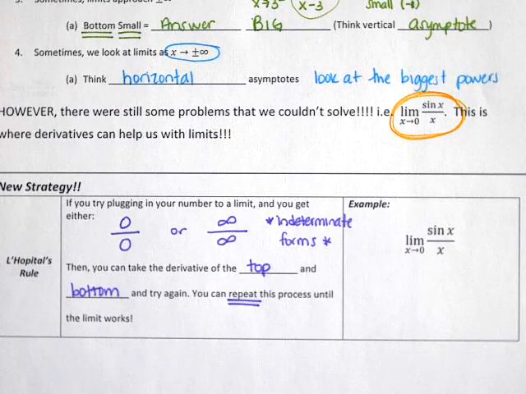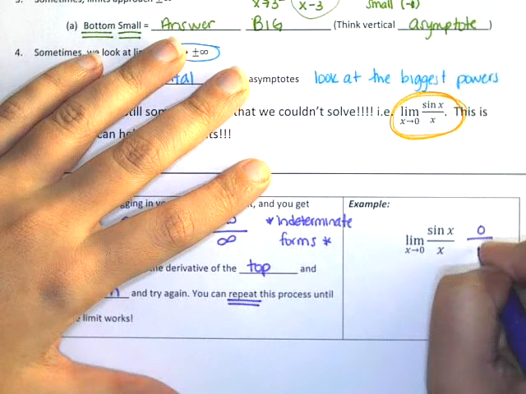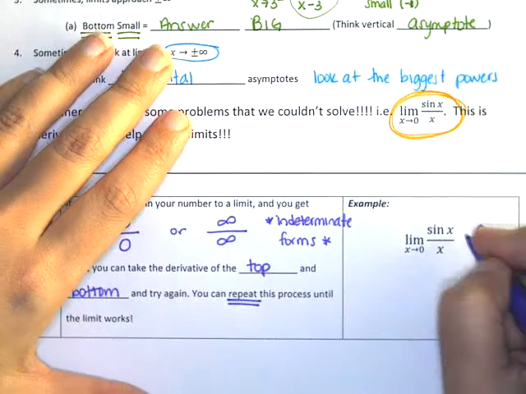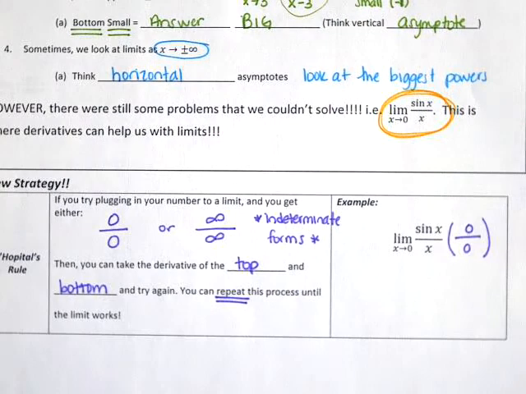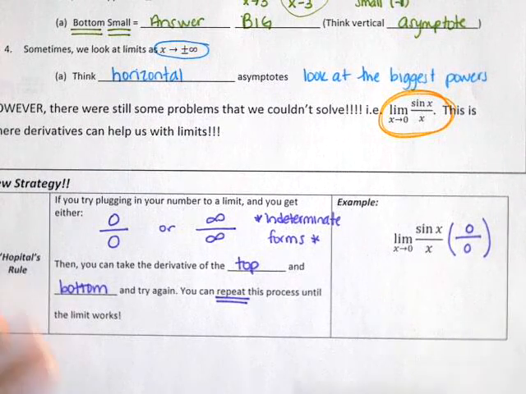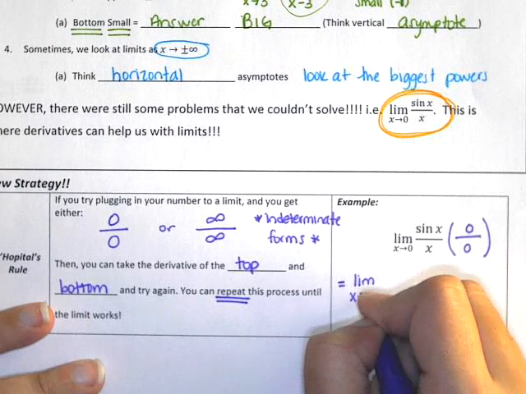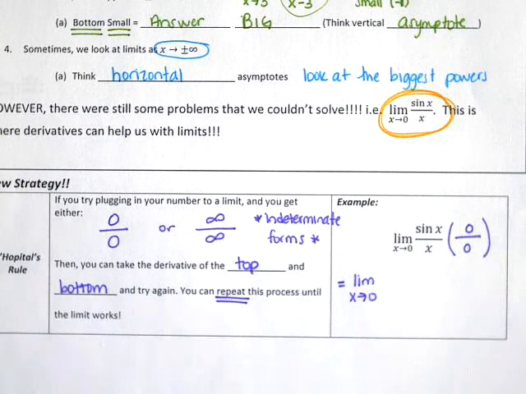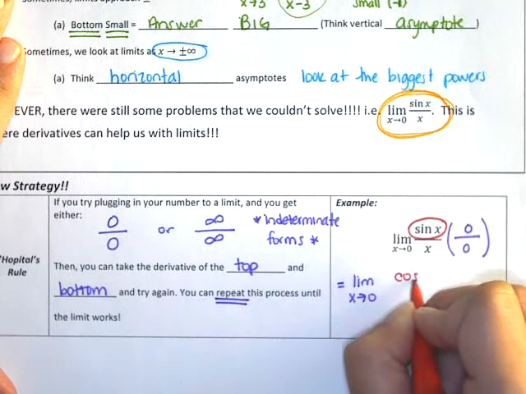If I try plugging in 0, the sine of 0 is 0, and 0 on the bottom is 0. This is my indeterminate form. We usually put it in parentheses somewhere to note that this actually happened before we can use the actual rule. So the rule says take the derivative of the top, and the derivative of sine would be cosine.